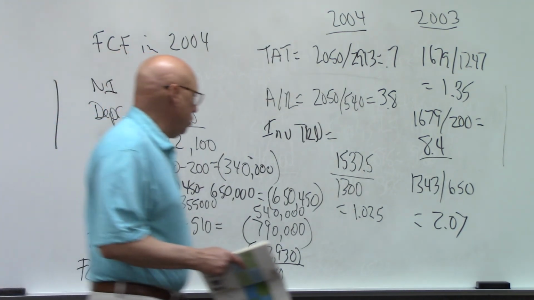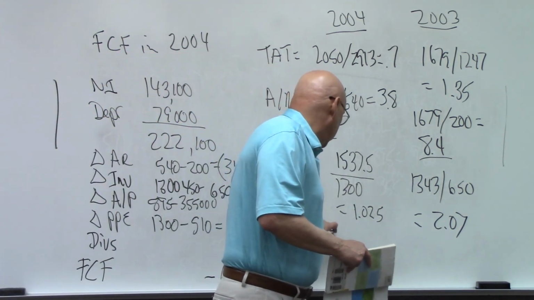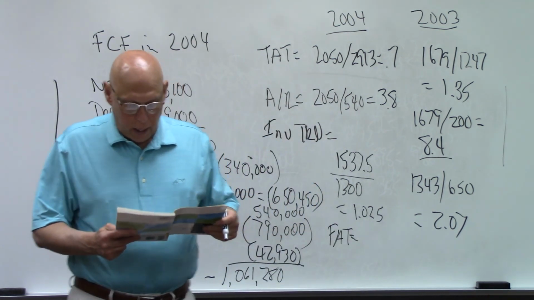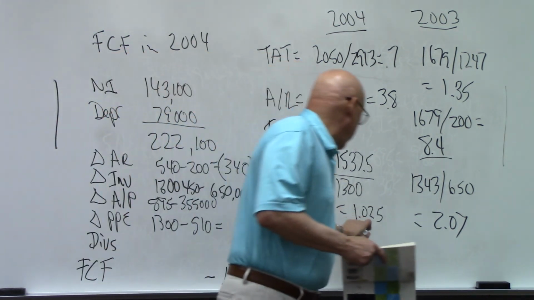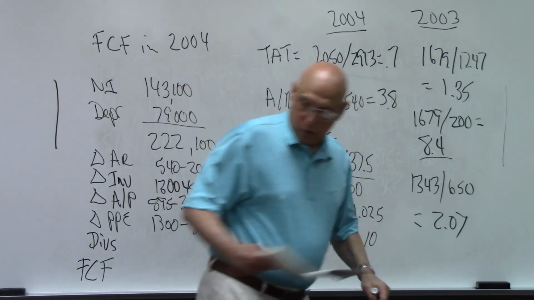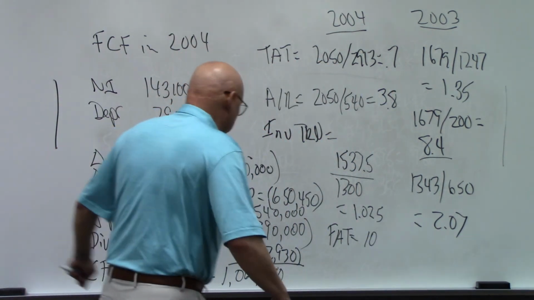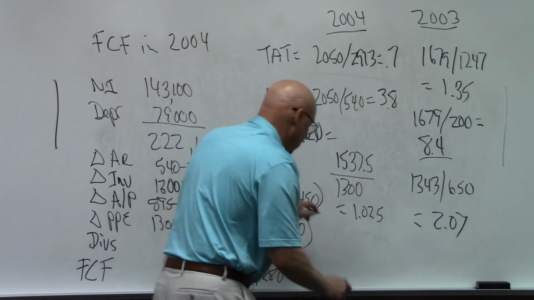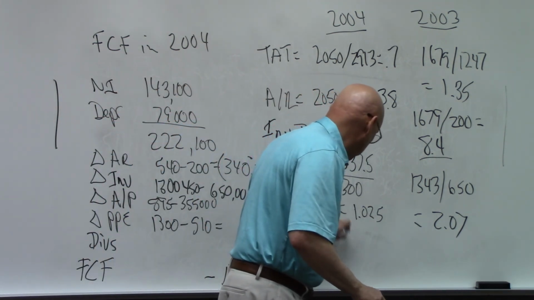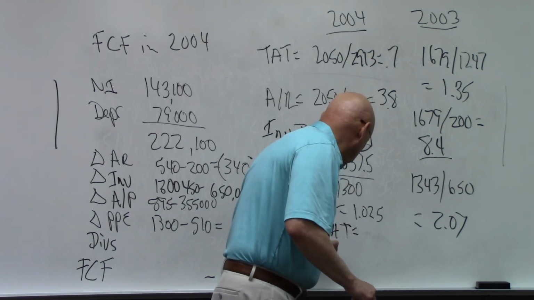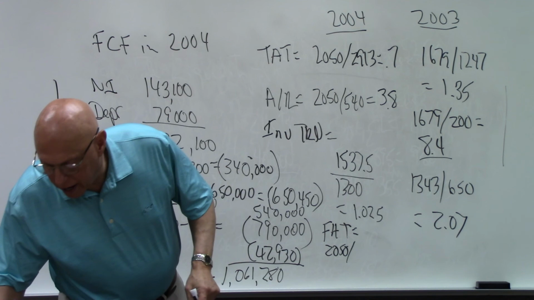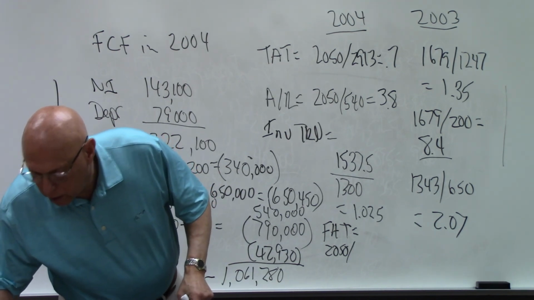And finally, let's do fixed asset turnover. And that's going to be sales, 2050, divided by 1068.